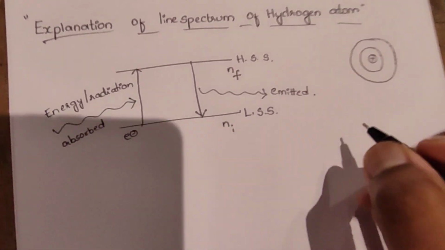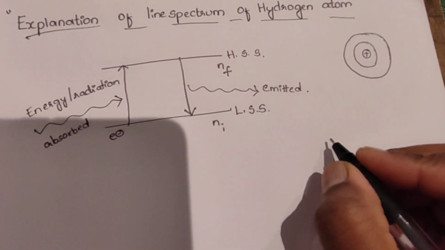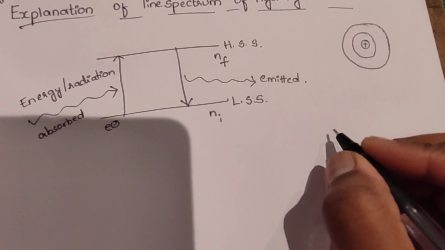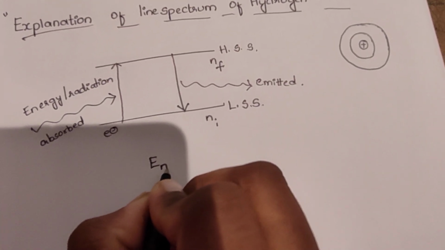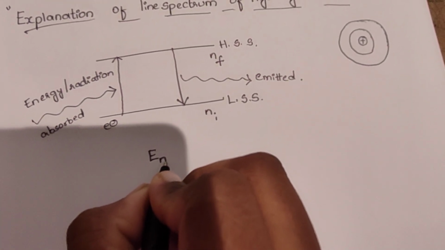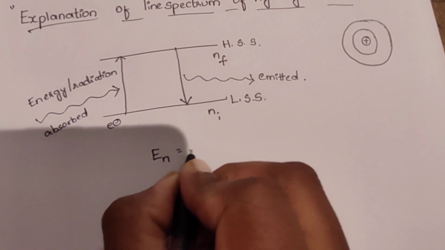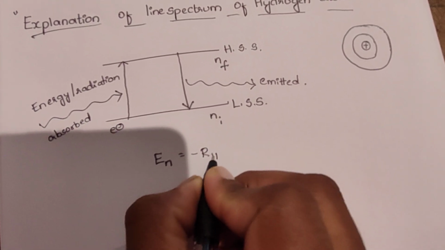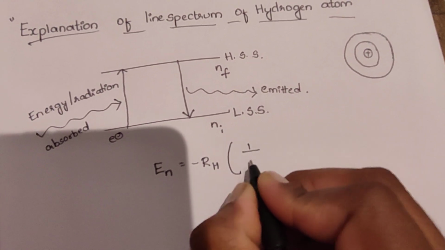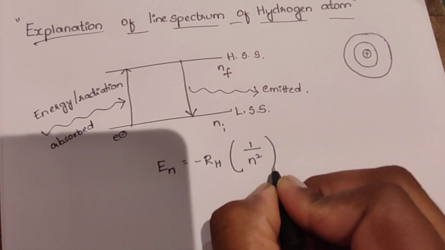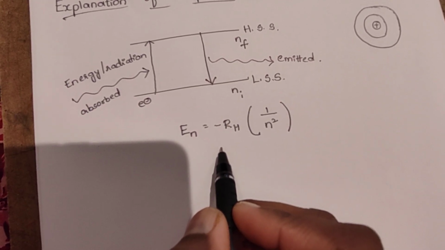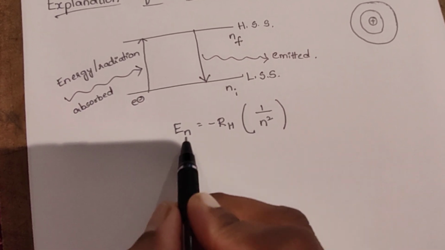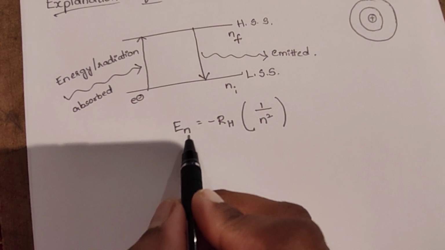He also gave a formula to calculate the energy of the stationary states. To calculate the energy of a stationary state, En is equal to minus RH into 1 by n square. This is the formula given by Bohr to calculate the energy of electron present in the nth orbit.